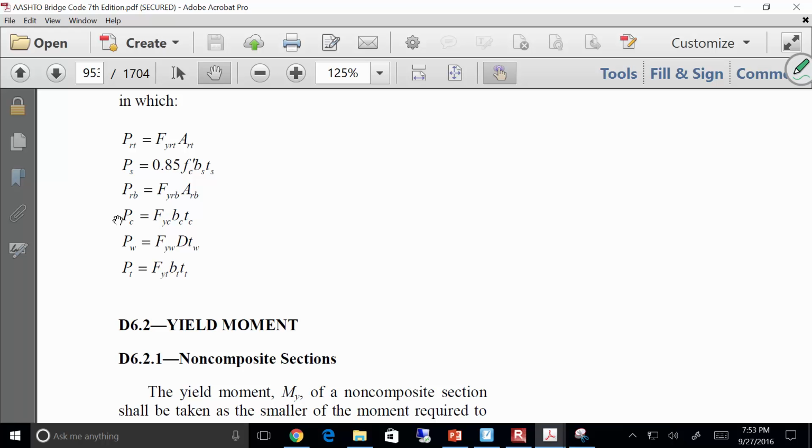The rest of those are plastic force in the compression flange, plastic force in the web, plastic force in the tensile flange. Notice how the formulas are assuming that you could have different yield stresses across the board. You could have a 70 KSI compression flange, a 50 KSI web, and a 100 KSI tension flange. It wouldn't matter. You could still use this specification. All right, sound good?